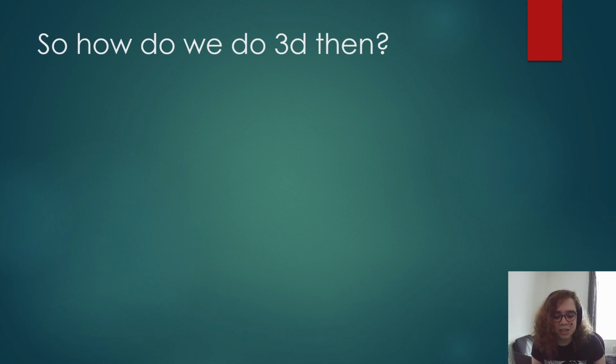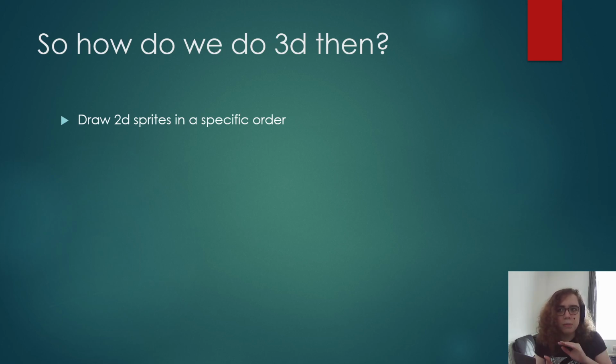The solution to this is that we draw 2D in a specific order. If you think about a cube, right? If you have a rotating cube in space, every individual face of that cube can be drawn with a quad. And so if you just draw those back to front, then what you will see are the front faces of the cube for the current rotation, right?